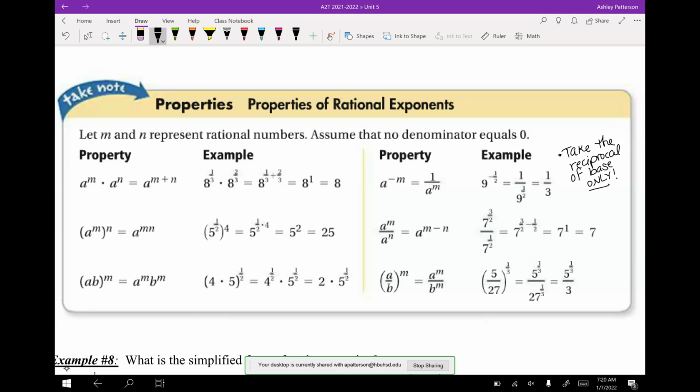So even though now we have fractions in our exponents, the properties are the same. It's not going to change because we're still dealing with exponents. The only thing we have to watch out for is that fractions have some very specific rules. In order to add or subtract fractions, what do we need?